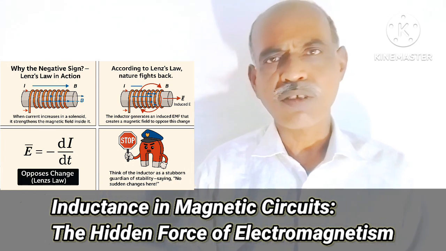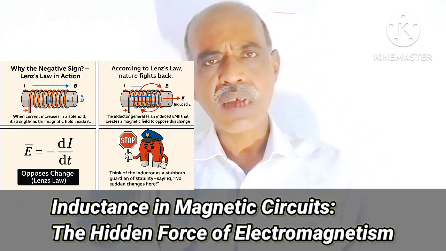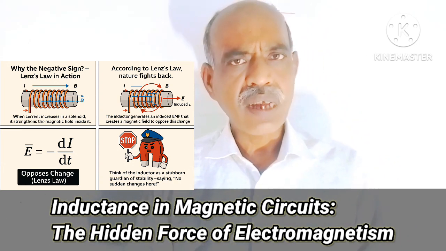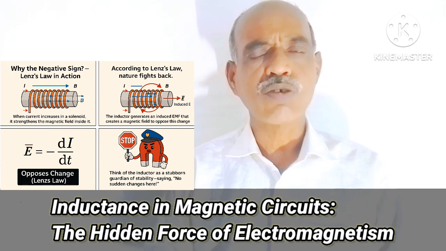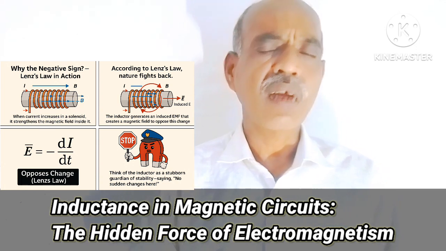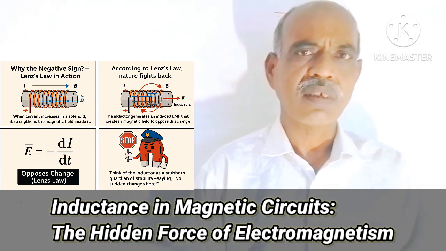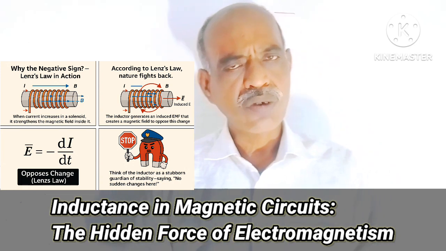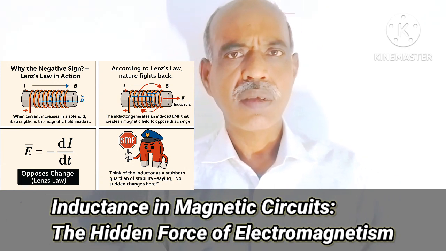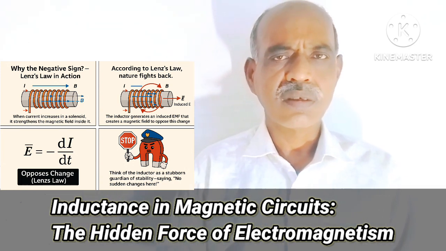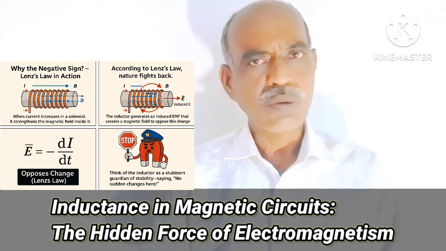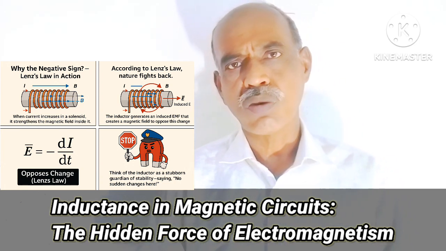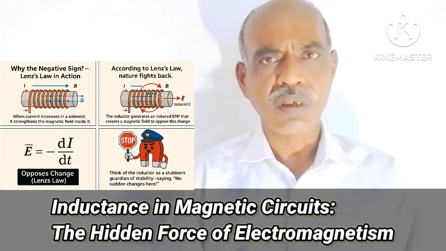So inductance is present in an inductor, and inductors are used in many cases, such as transformers, motors, generators. Anyway, I was talking only about inductance. Inductance is the property of an inductor.